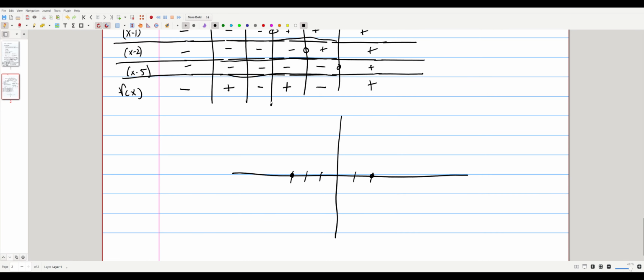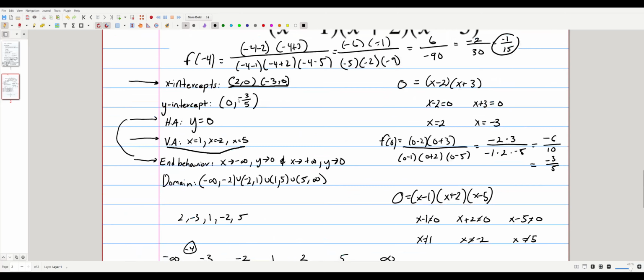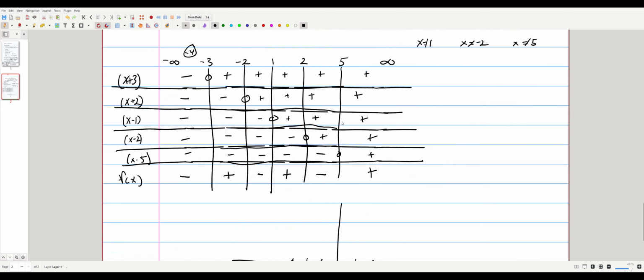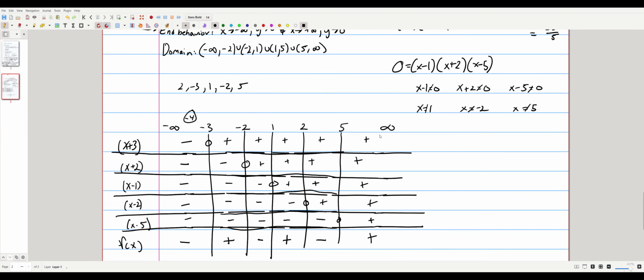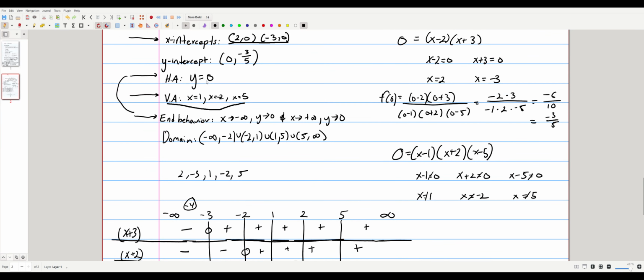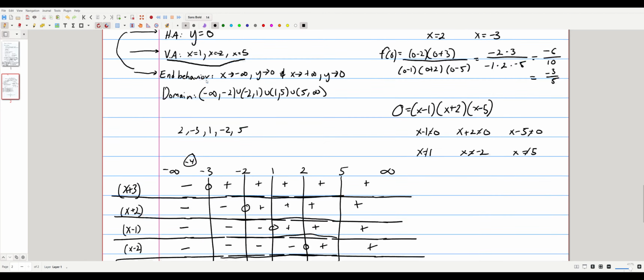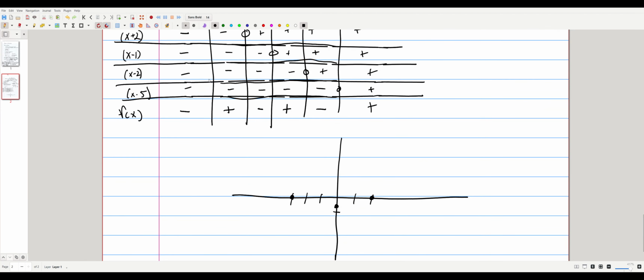Okay. Then we're going to plot our y-intercept, which is 0, negative 3/5. So it's close to negative 1, maybe halfway between. And so we're going to have negative 3/5 somewhere right about there. We're going to look at our horizontal asymptote, which means our horizontal dotted line is y equals 0. So we know our x-axis is going to be that dotted line.